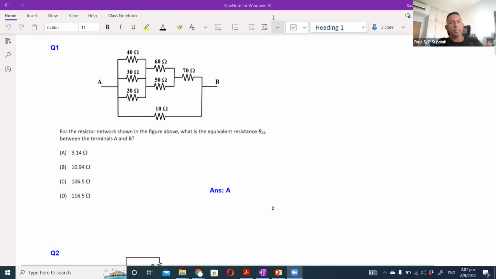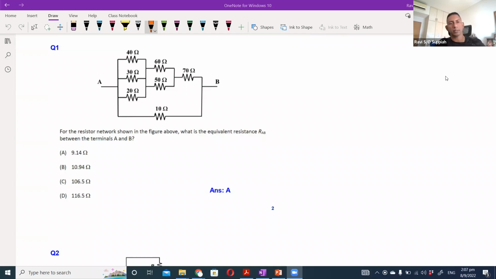So here you can see 2 branches. One branch of resistors with 40, 30, 20, 60, 50, 70, and so on. And then you have another branch over here which is just 10 ohms.